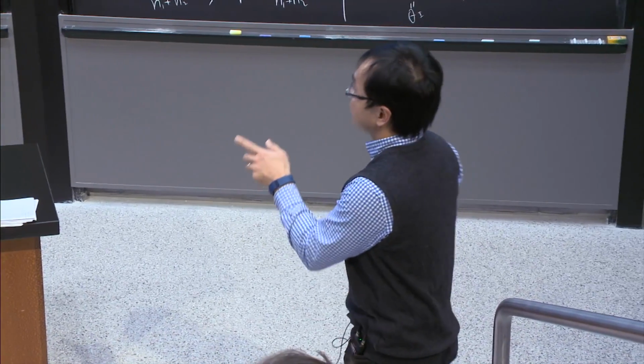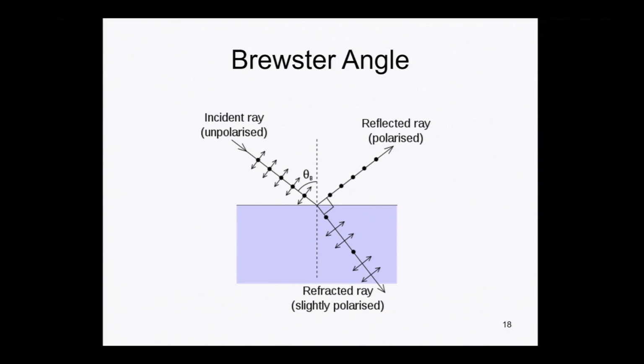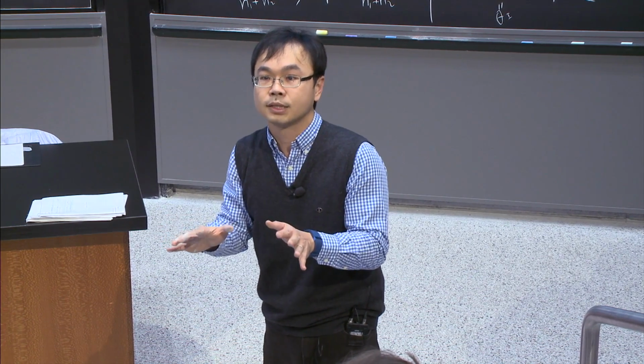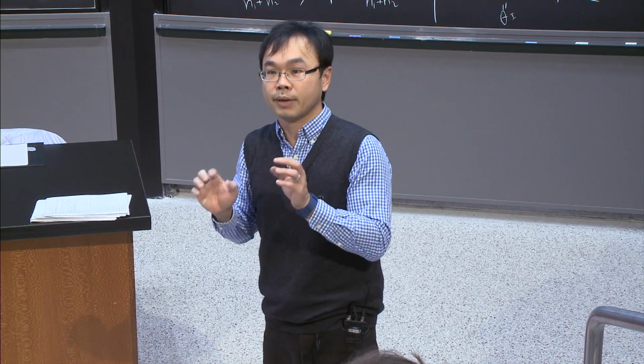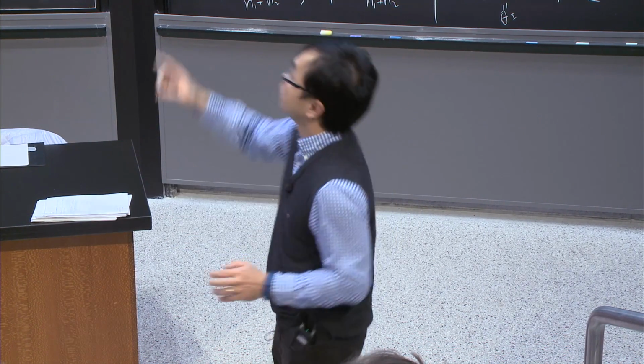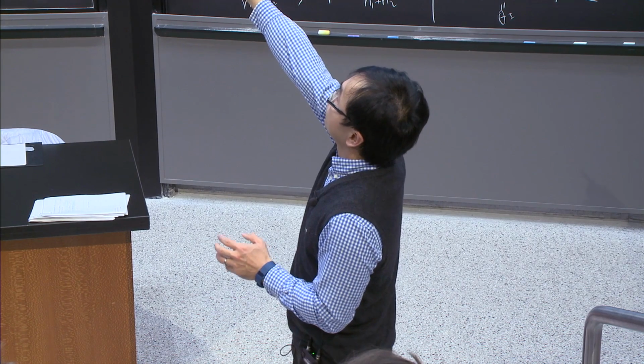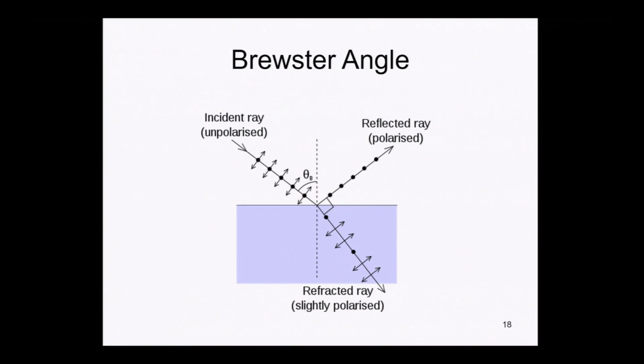So what is going to happen is that the component which is polarized perpendicular never gets suppressed, because there will be no parallel component. So therefore, even if you are at Brewster's angle, it can actually get refracted.